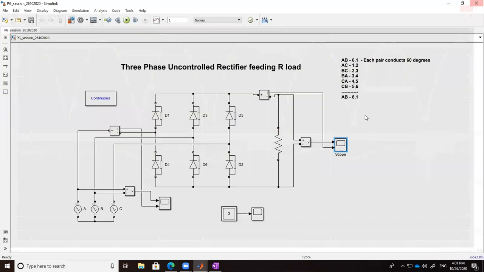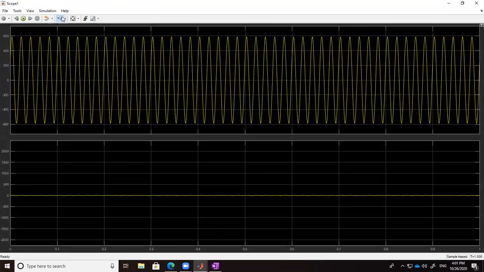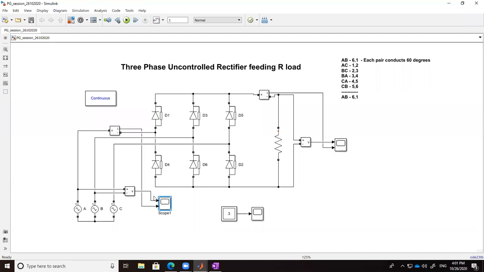Okay. And now I'm coming to the question of Ahmed. So Ahmed asked me why this current is not sinusoidal. This is the current, right? Now, what can I do? I will try to multiplex this.